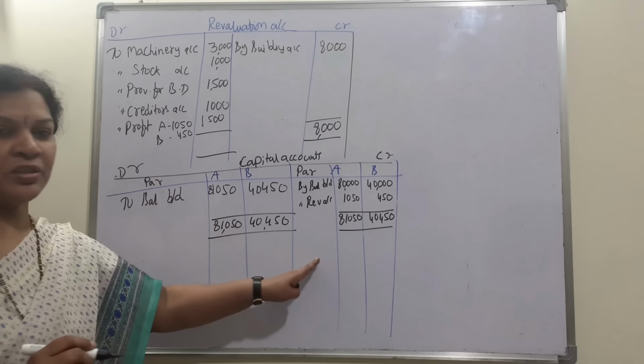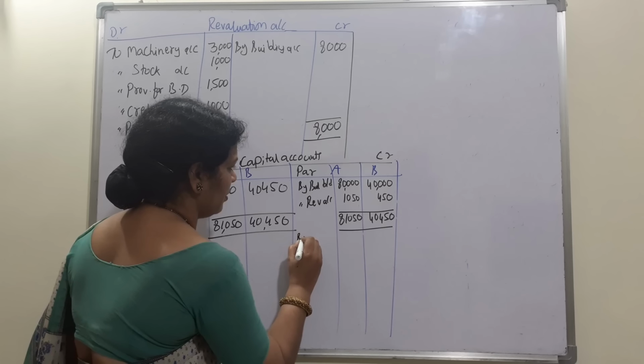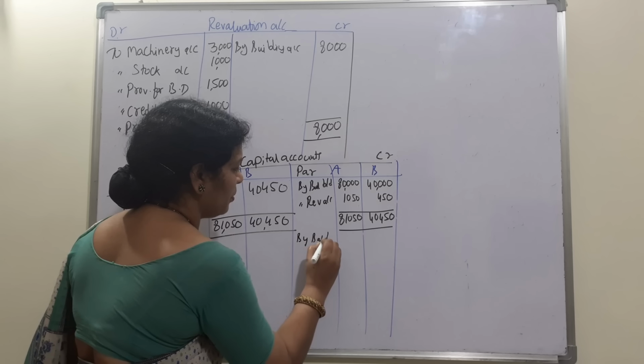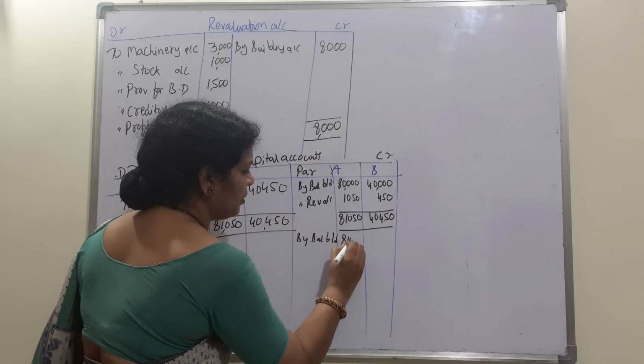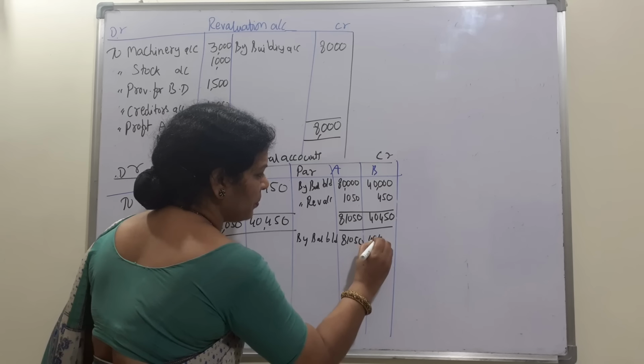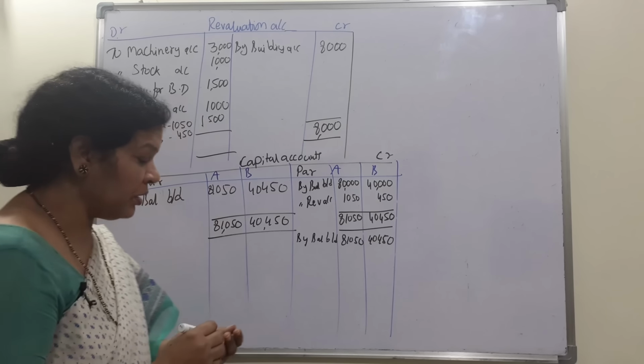The same amount is transferred to the next: by balance brought down, same amount 81,050, 40,450. So up to here this is over.